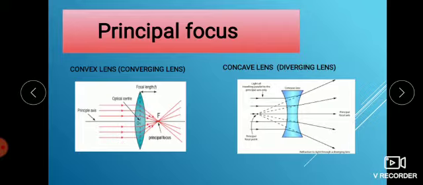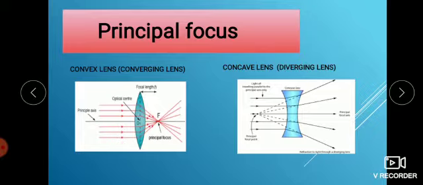Similarly, in the case of a mirror, the convex mirror was a diverging mirror, but in the case of a lens, the concave lens is a diverging lens. So concave mirror and convex lens are a pair. Similarly, convex mirror and concave lens are a pair. It's just opposite to the mirror. There concave was converging, here convex is converging.